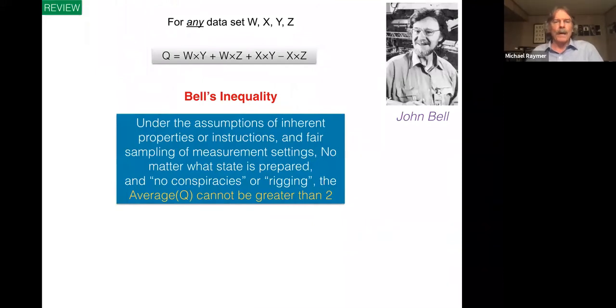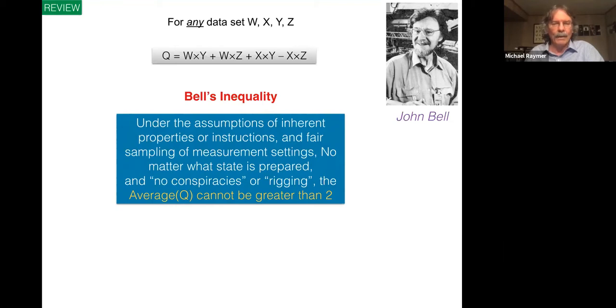And here it is in a blue box, okay? For any data set, if Alice has 2 variables and Bob has 2 variables, and they're combined in this way and sampled many times, fairly and randomly on the 2 sides, and then this correlation is measured by averaging this quantity Q, under the assumption of inherent properties or instructions and fair sampling of measurement settings, no matter what state is prepared and no conspiracies or rigging, the average of Q cannot be greater than 2.